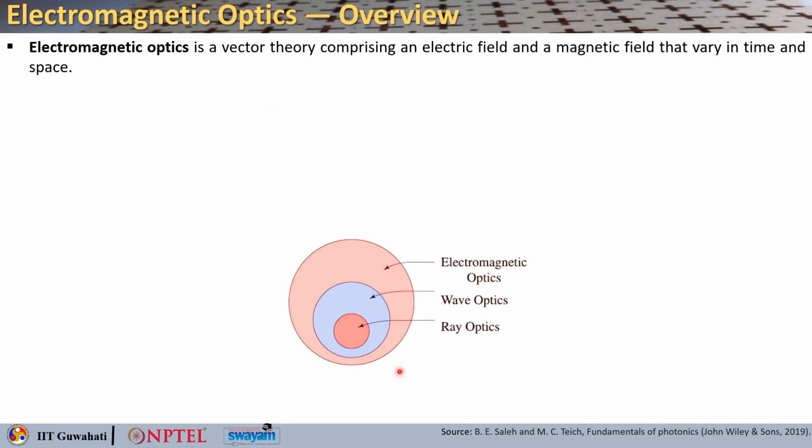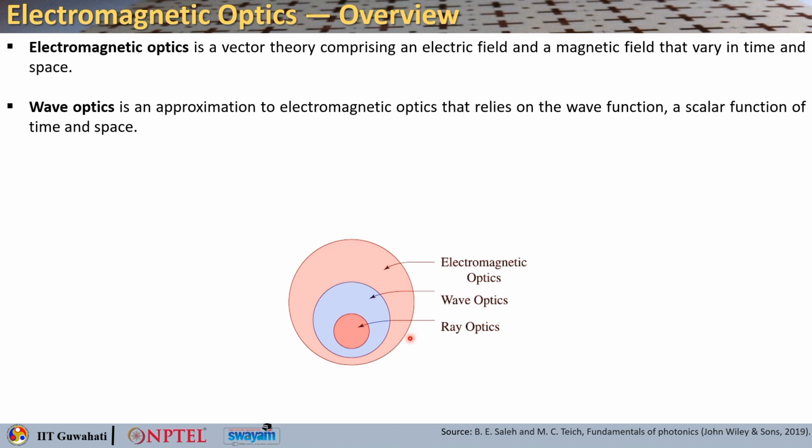So here is the right way to present it: you have electromagnetic optics and then you have wave optics, which is an approximation to electromagnetic optics that relies on a wave function, which is basically a scalar function of time and space.